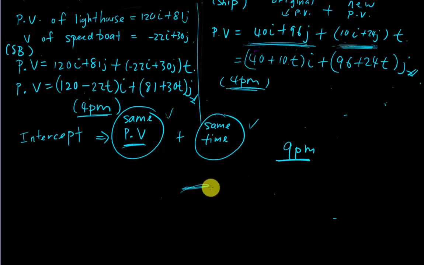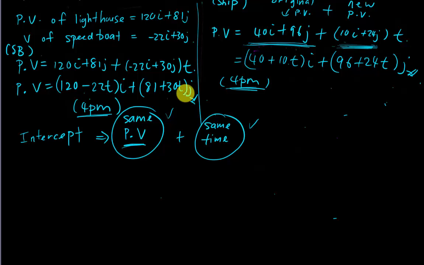If you understand this, I have the position vector of the speedboat and the position vector of the ship. Because they have the same position vector at the end, and the same t value, I can say this position vector is equal to this position vector. That's why I can substitute. I don't need to do something like t1, t2, because the t value is the same.